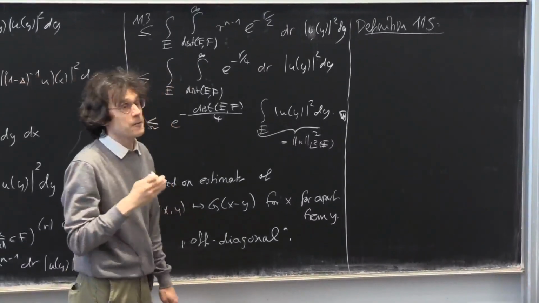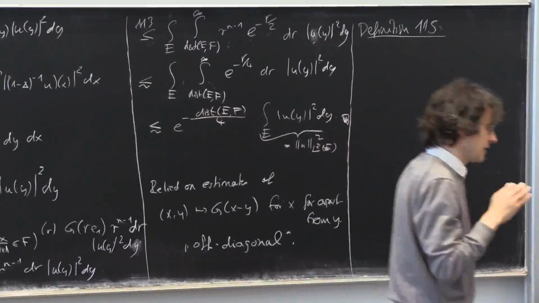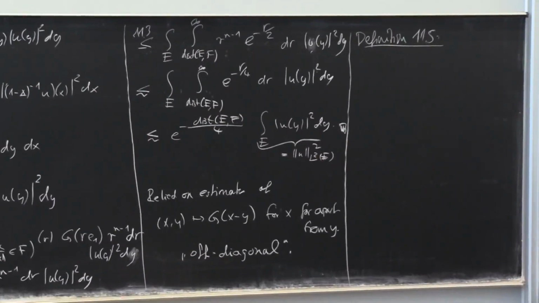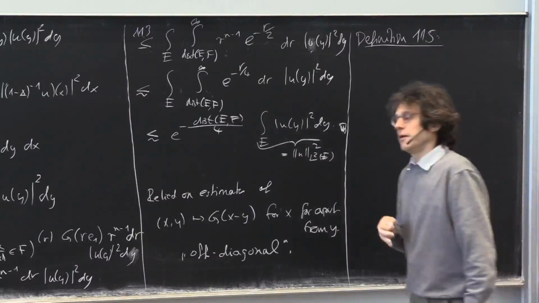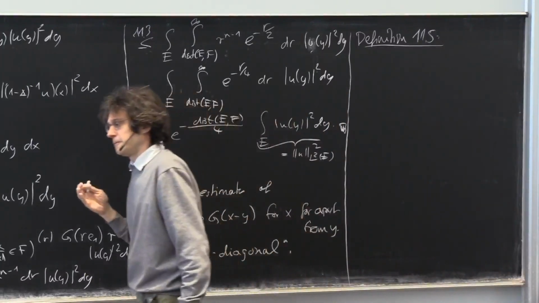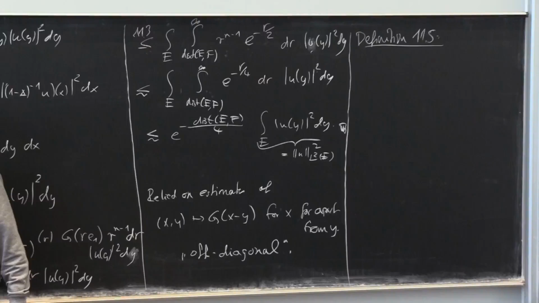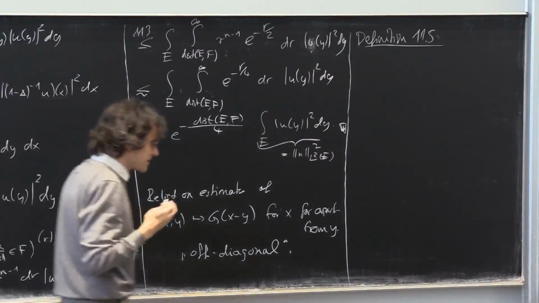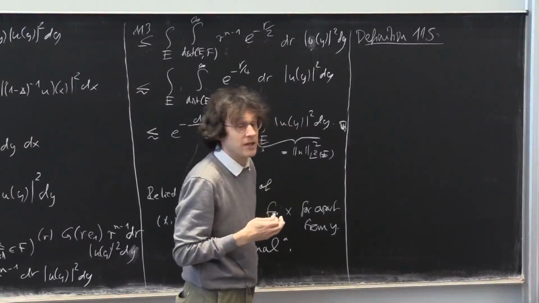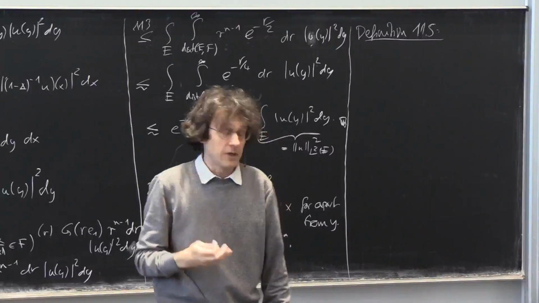And that's why I will formulate this off-diagonal estimate definition for families of operators. For resolvents, in fact, the first occurrence of this notion in the literature even wasn't for resolvents, but for semigroups. So this was a semigroup thing, the off-diagonal estimates. So it's natural to formulate it for families of operators.